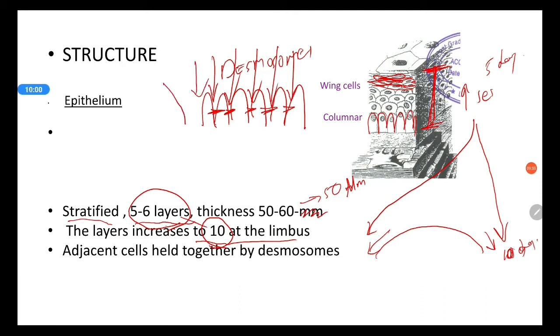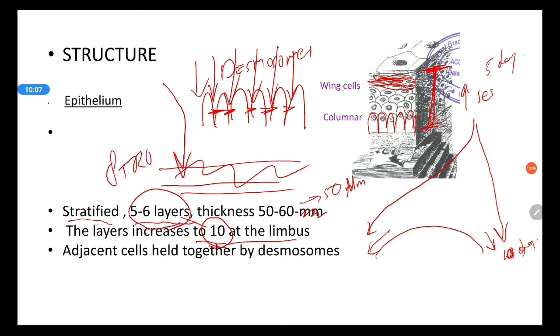Because if water happens to penetrate through the epithelium into the stroma, this can result in stromal edema, which will affect the vision. So these desmosomes act as a very strong tight barrier connecting adjacent epithelial cells together.